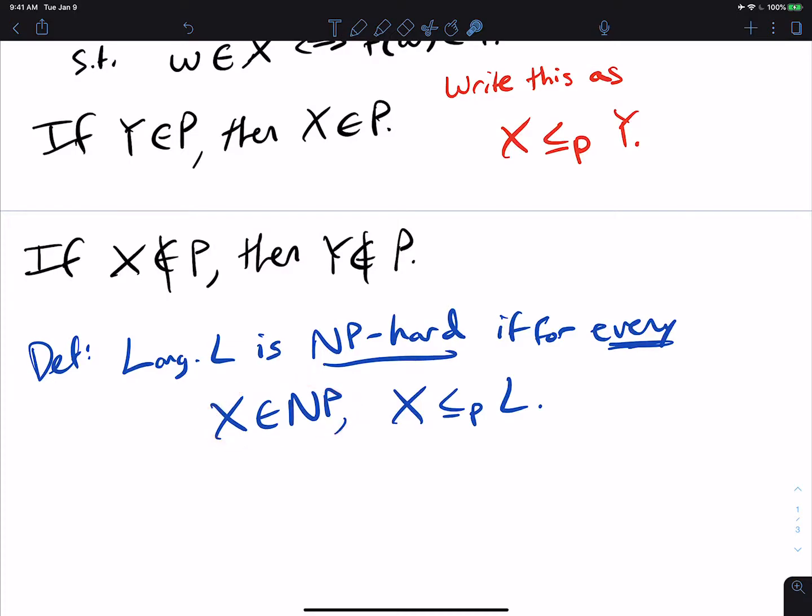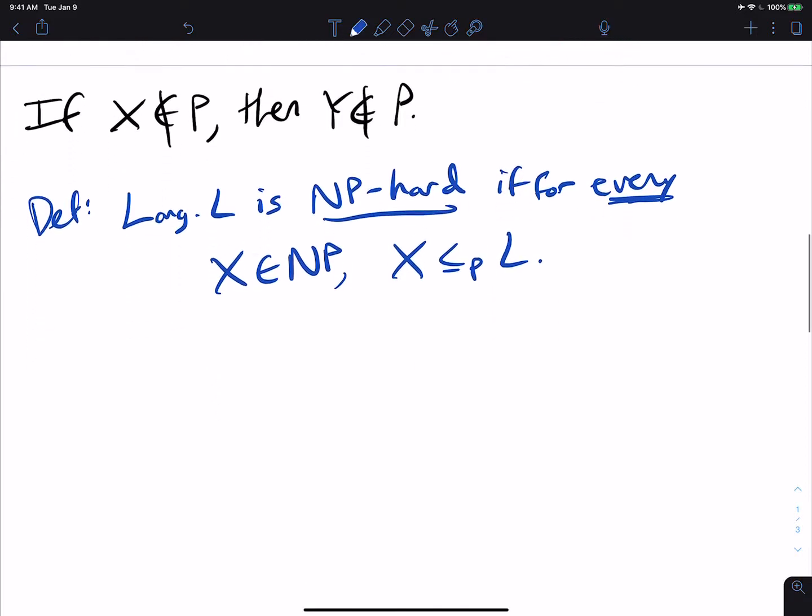Every problem in NP reduces to this problem L. So if this is true, then we say it's NP-hard. If we do find an NP-hard language, then that's a candidate for a hardest problem.